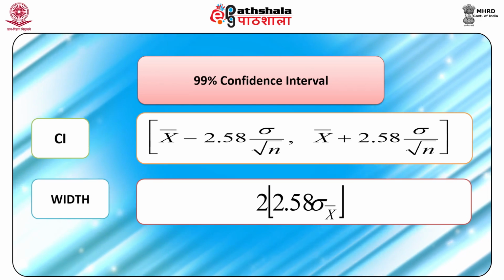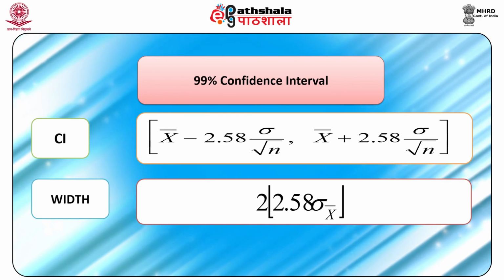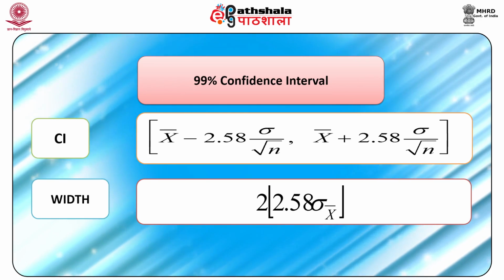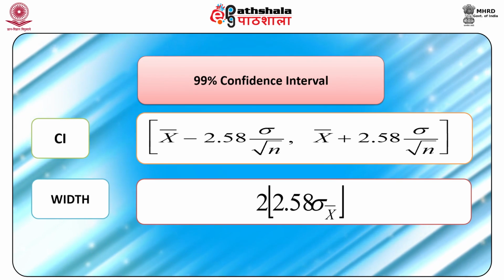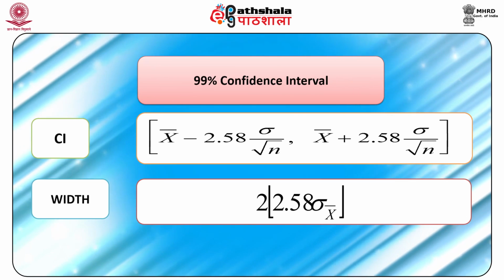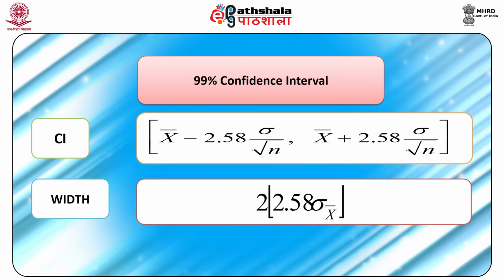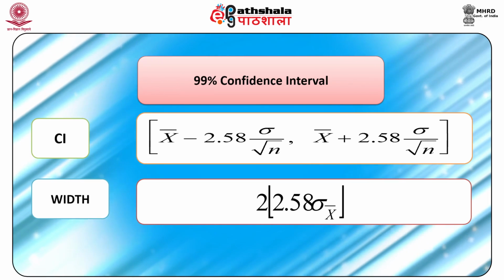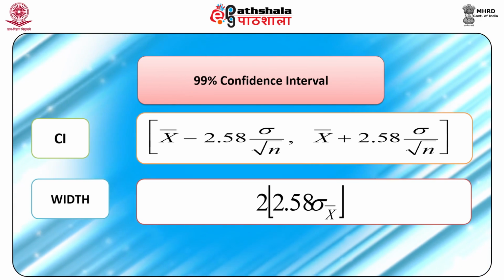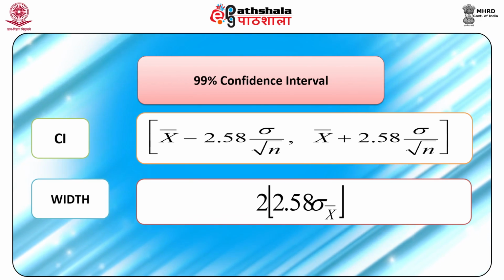Now the 99% confidence interval is x bar minus 2.58 into sigma by root n and x bar plus 2.58 into sigma by root n. I am sure you would recollect 2.58 is nothing but z alpha by 2, where the confidence level now is 99%. Now this confidence interval has a width of 2 into 2.58 sigma x bar.